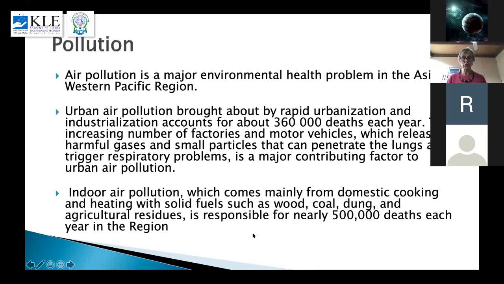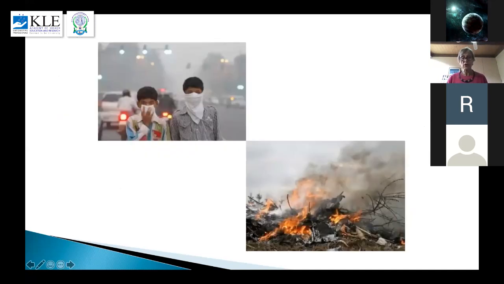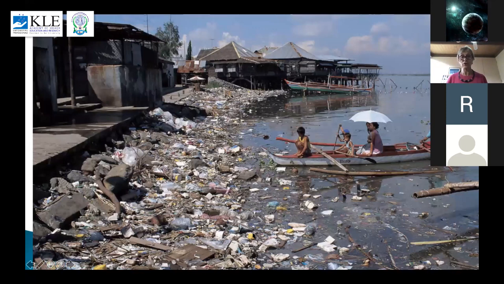Indoor pollution, still in countries where wood's used for cooking inside, or coal and dung, and these cause so many deaths. We see this in many countries where the pollution is just horrendous. Pollution in the waters causing insanitation.